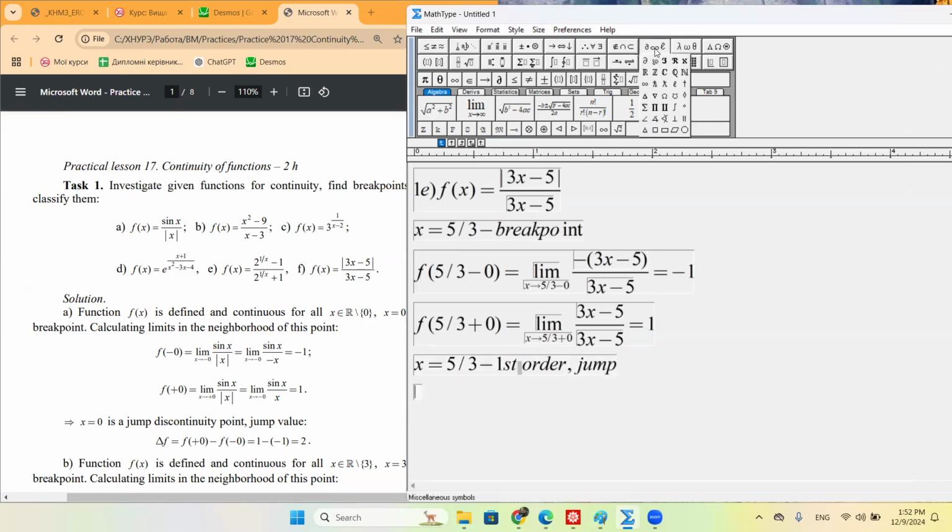And the delta is the next. So the delta equals 2. Any questions for now about this task?